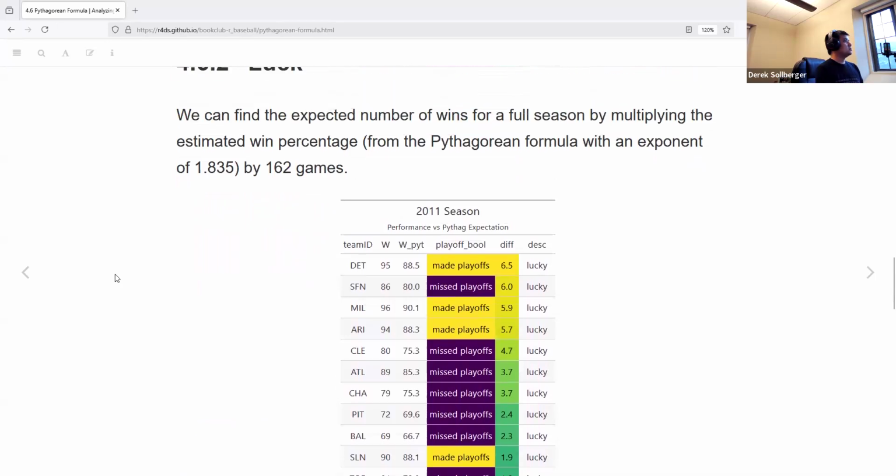In the 2011 season, the Detroit Tigers, for example, outperformed their Pythagorean expectation by about 6.5 games. They made the playoffs, but moreover, because their difference was positive, I'm calling them a lucky team. If memory serves correctly, that was the Tigers team that had players such as Max Scherzer, Justin Verlander, and Miguel Cabrera.